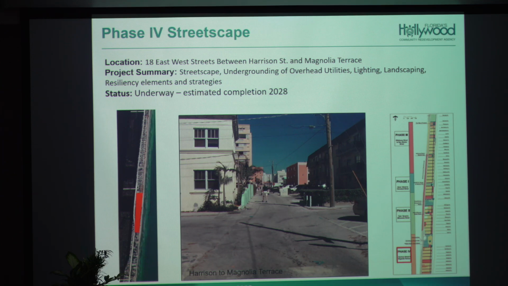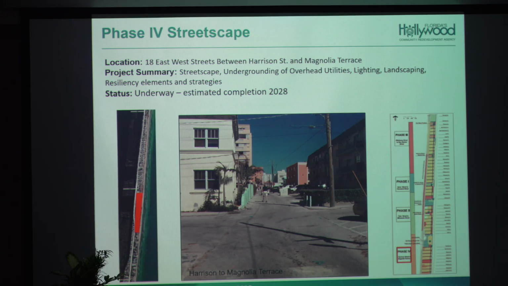Because as you can imagine, the other phases took place in areas that were not as congested, did not have the number of high-rise buildings and residents, and it wasn't easy, but it was easier. Phase 4 is the most challenging phase because of the number of residents in the area and making sure that we're accommodating them.